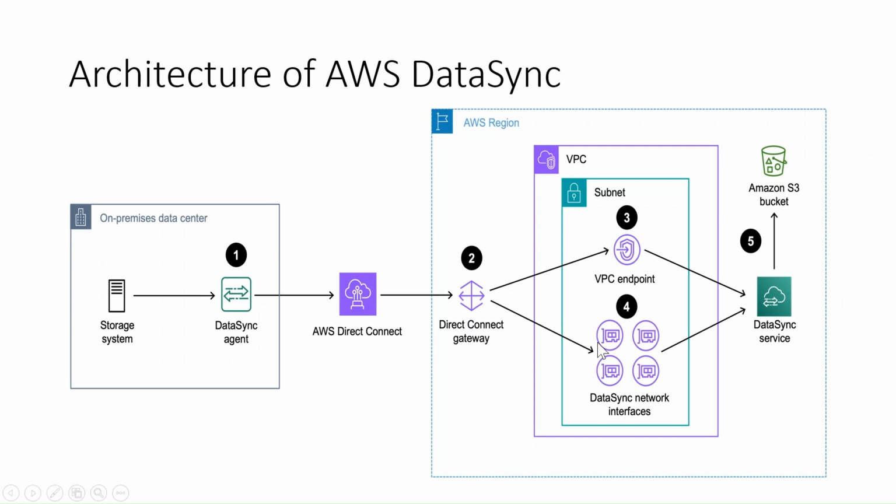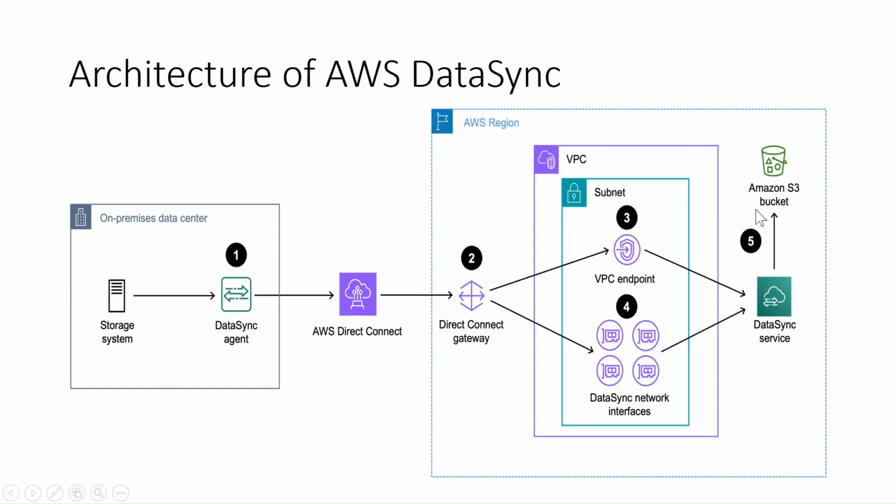So after receiving the data, there are resources that can process and analyze the data after it is transferred. So after the data is analyzed and processed, that data will be transferred to the Amazon S3 bucket.